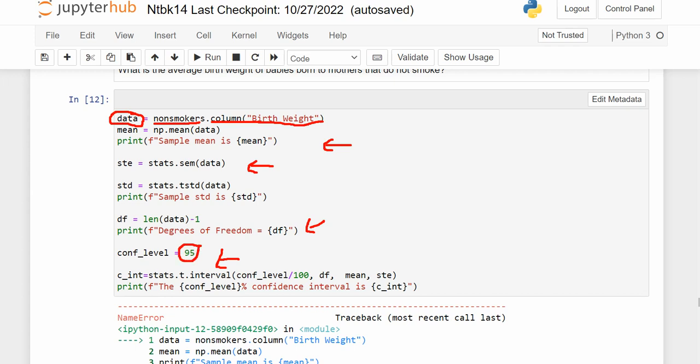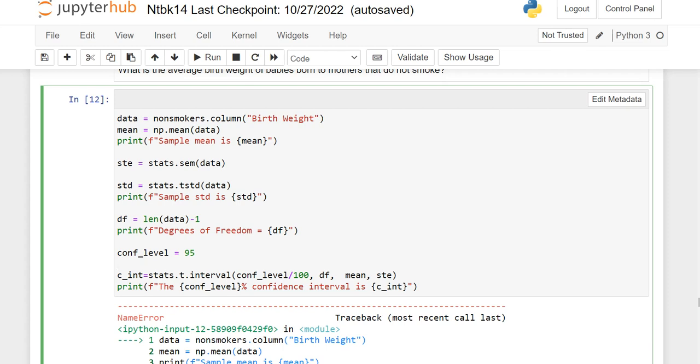Everything else, after you get the right data entered into the data array, is calculated for you, but the level of confidence may change. So you may have to fix that. And then you can just run the cell.